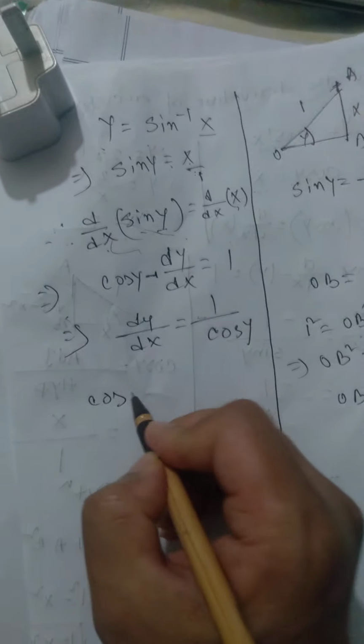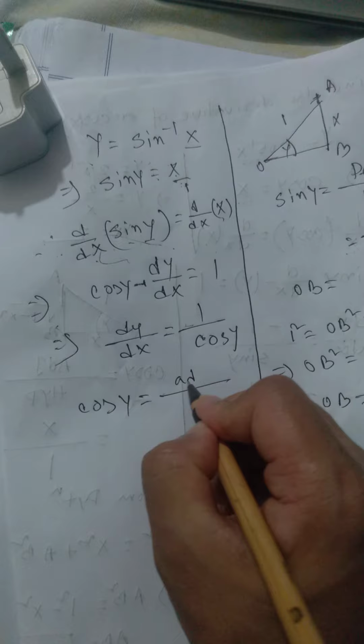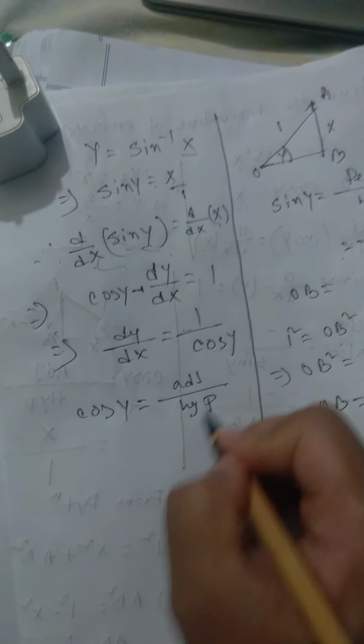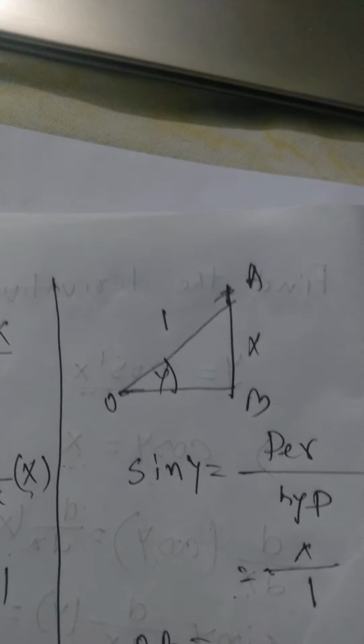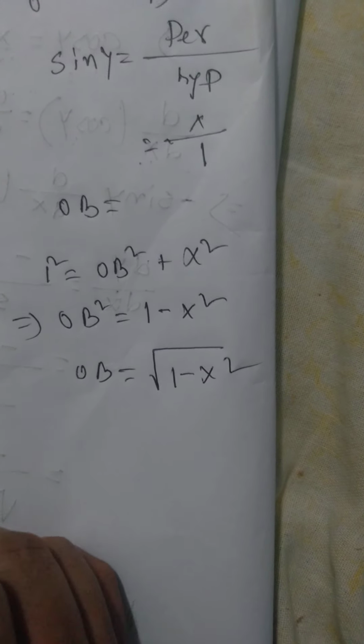Cos y equals what? Cos y means adjacent by hypotenuse. What is the adjacent in this picture? OB. What is the hypotenuse? OA. What is the value of OB? We found earlier, square root of 1 minus x square. And OA is 1.